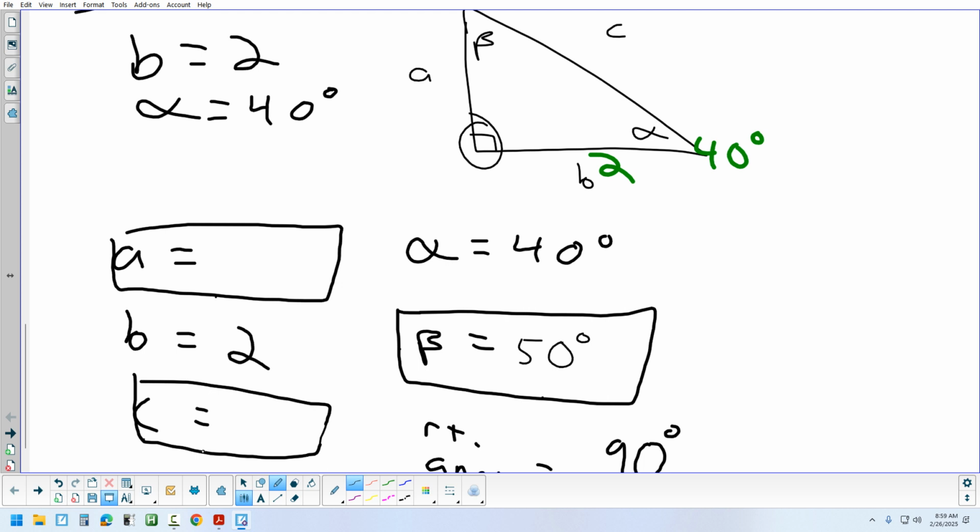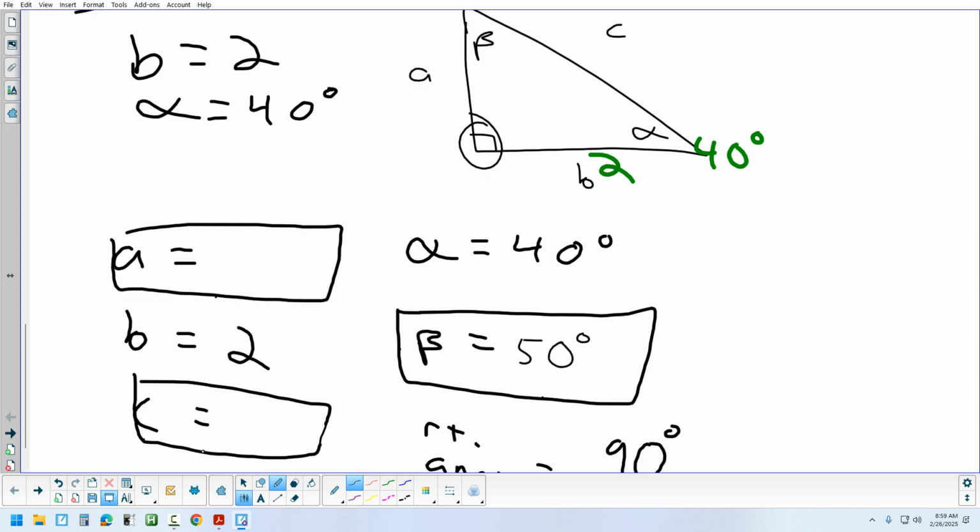I'm going to need to use an angle here, but I want to use the 40, not the 50. Why? Yep. So in case you get the angle wrong.